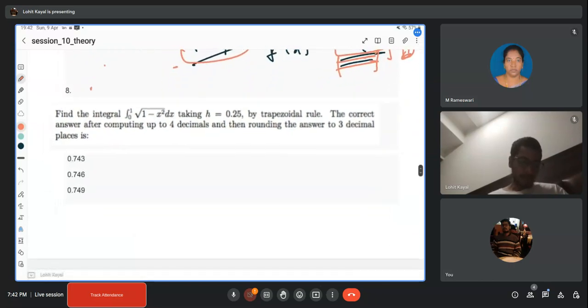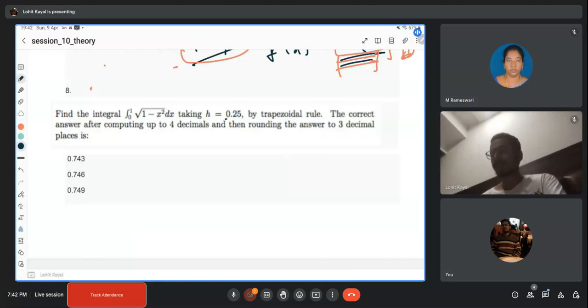Now here we need to find the value of the integral using this step size 0.25. Okay, now the integration varies from 0 to 1. Just a moment. So a equal to 0.